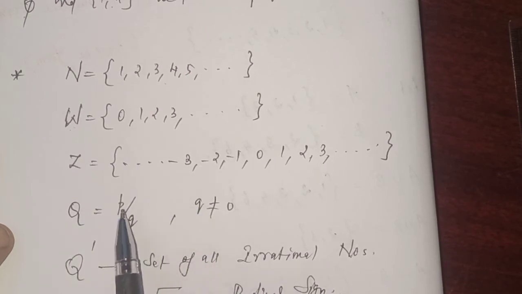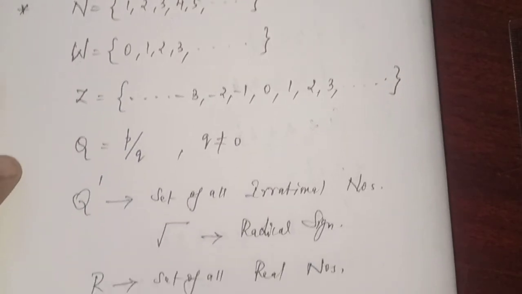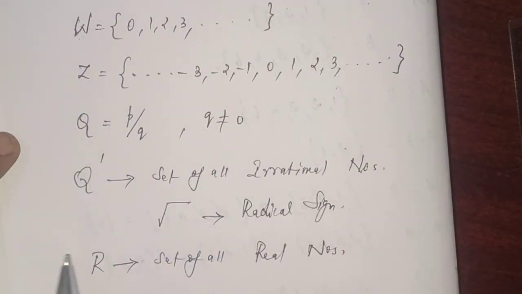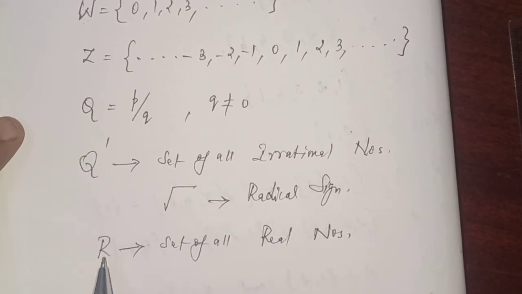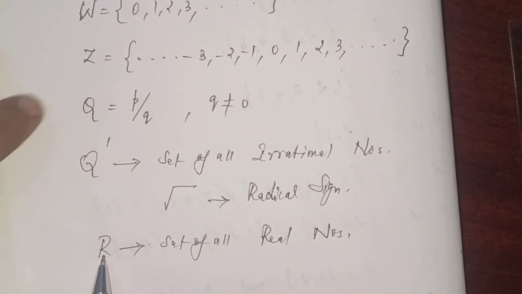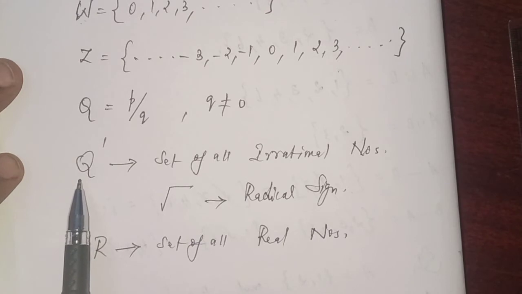So anything in the form of p by q is a rational number. Irrational numbers Q dash. Capital R is the combination of all the numbers. It has natural numbers, whole numbers, the set of all integers, the set of all rational numbers, and even the set of all irrational numbers.